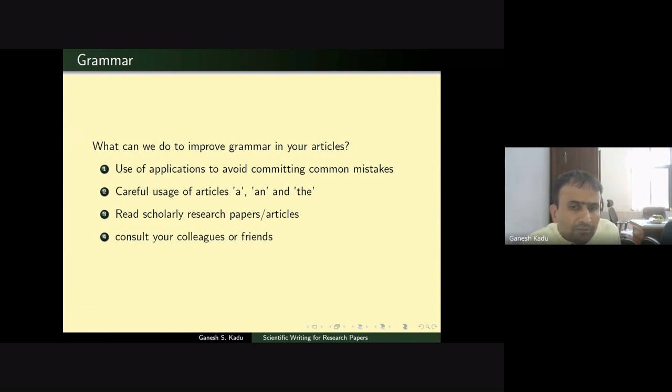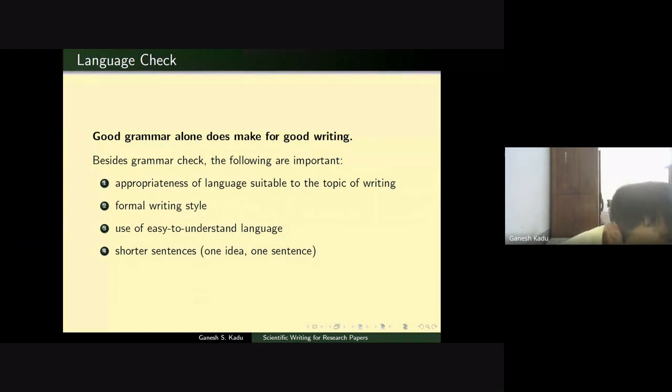Then you can consult your friends. If you're not good at English, you consult your friends, colleagues. You will have someone around you who's good at English. So you consult them and get your grammar right. So these are some of the things you can do to improve your grammar. But note that grammar alone does not make for good writing.